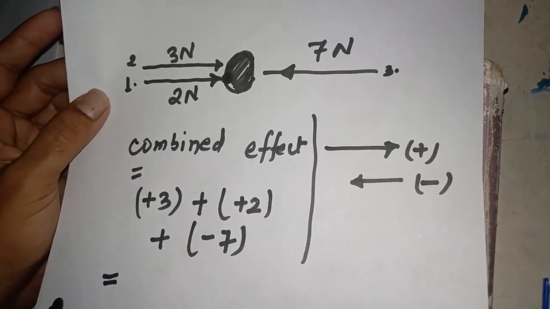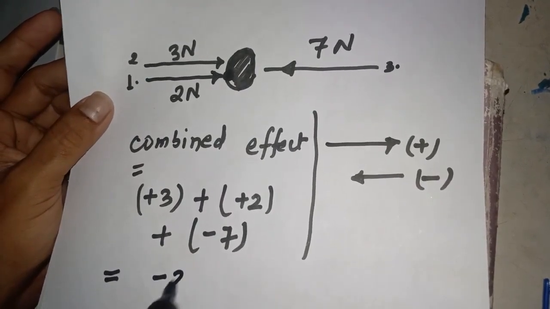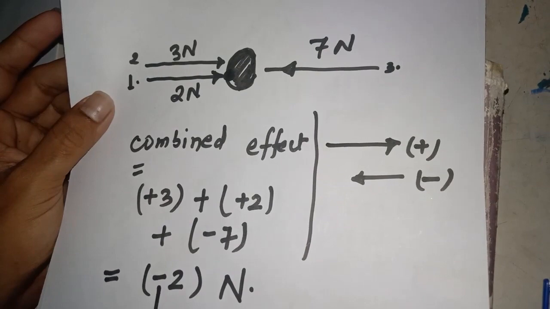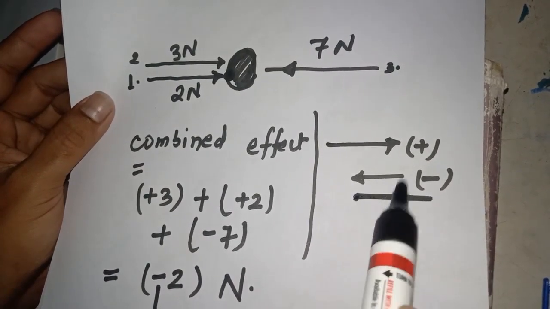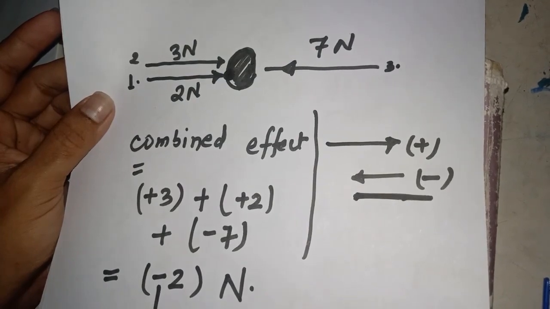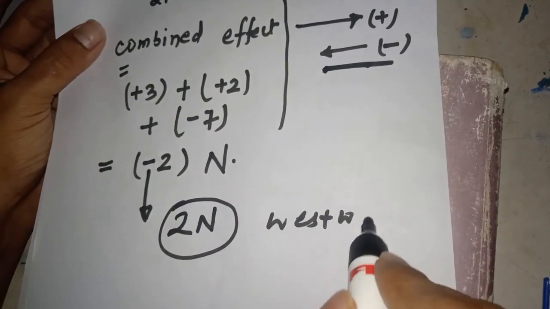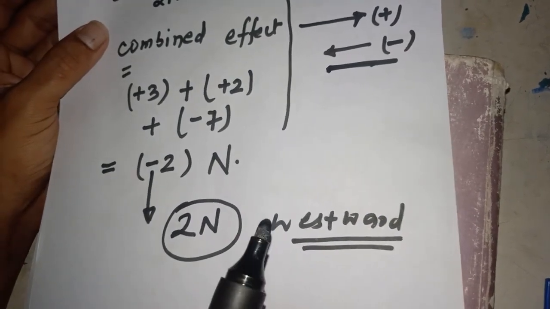It is easy. If you calculate this, you get minus 2 Newton. Here minus indicates this direction. I have considered the westward direction as negative, so it means the ball will move by 2 Newton force westward. Have you got my point?